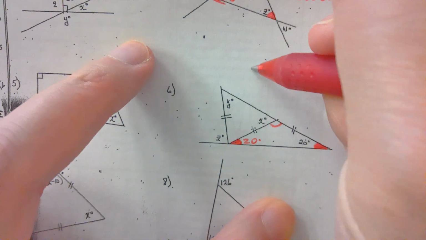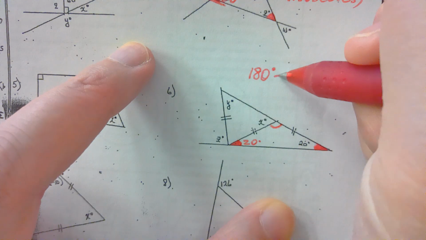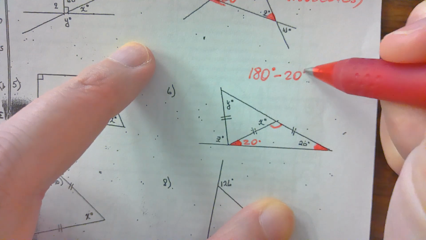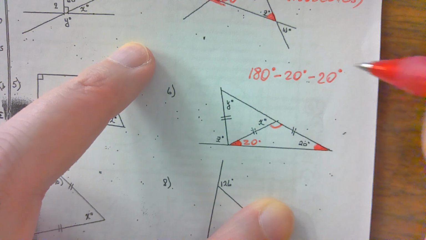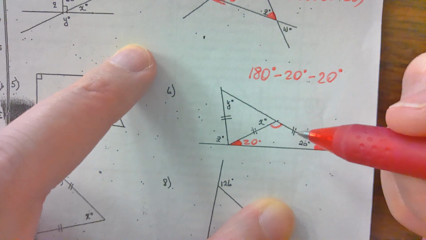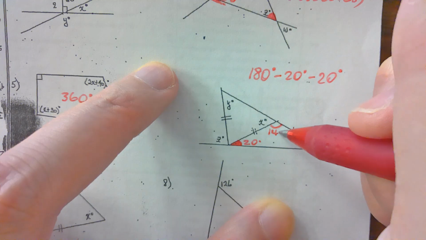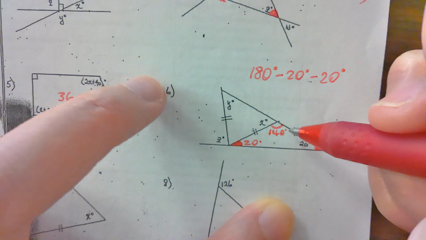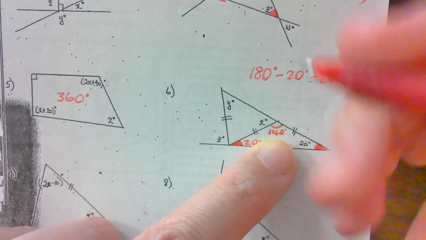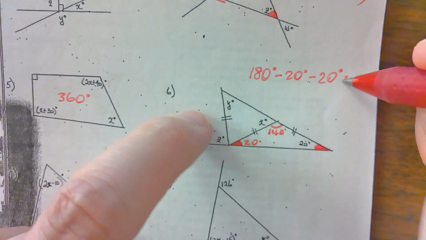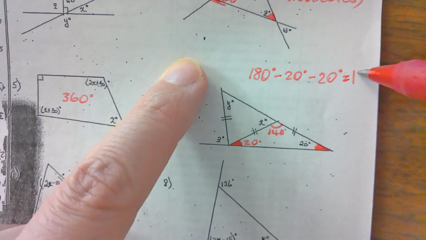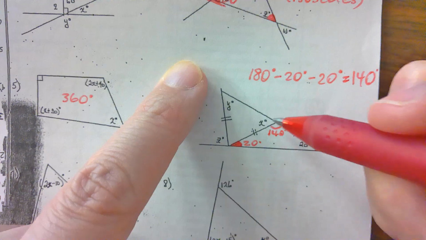So 180 minus 20 minus 20, that means this angle up here is 140. And if this is 140, what is x? 40, right?